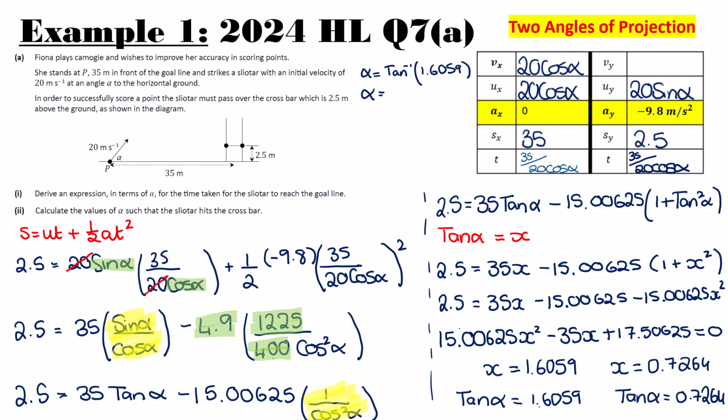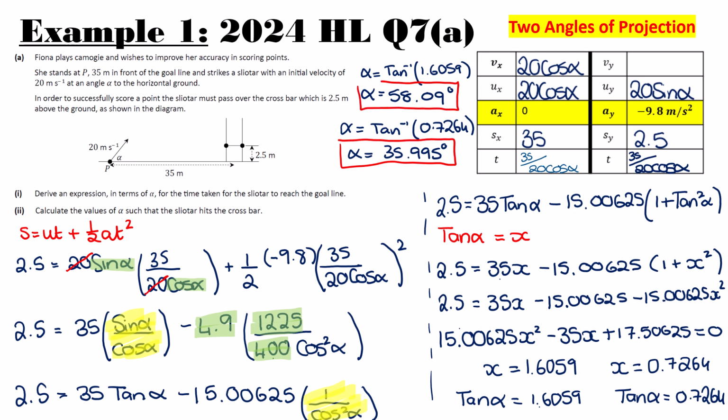That gives us our first value of alpha as 58.09 degrees rounded to two decimal places. And then our second alpha is going to be the tan inverse of 0.7264. And that gives us 35.995 degrees rounded to three decimal places. So there are two answers there, our two values of alpha.